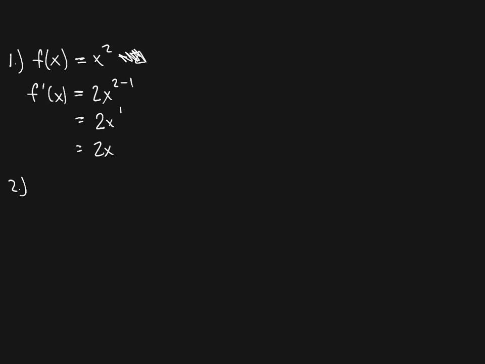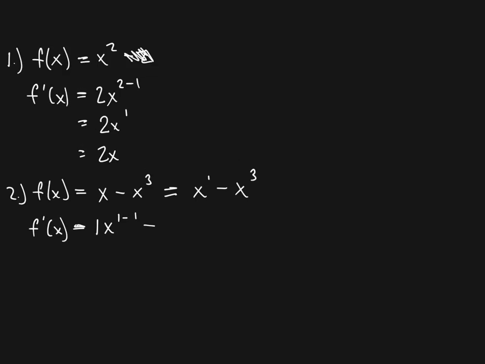The second problem says that f of x equals x minus x cubed. Well, of course, x minus x cubed is the same as x to the 1 minus x cubed. Using the power rule, we can see that f prime of x, that is the derivative with respect to x, is then just 1 times x to the 1 minus 1, minus 3x to the 3 minus 1.